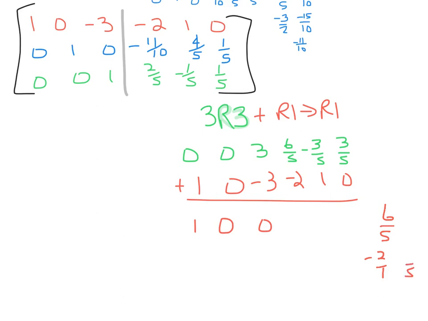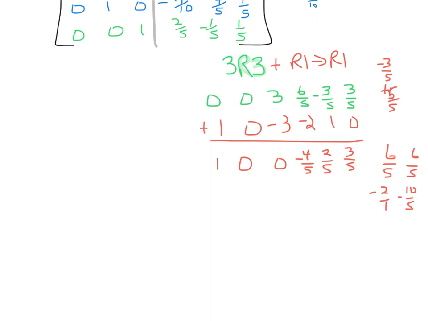Common denominator here is 5. This will become -10/5. When I subtract that, I get -4/5. And then when I do this one, -3/5 plus 1, I can change the 1 into 5/5, which is 2/5. And then 3/5 plus 0 is 3/5. That is my new row 1.